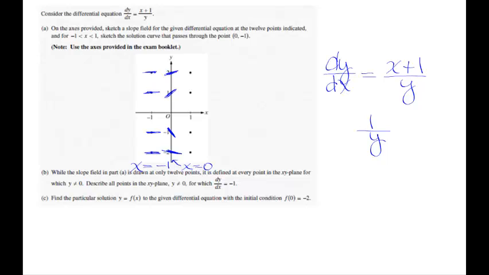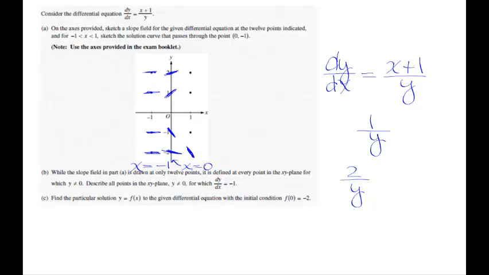Let's jump back down to the point 1, -2. It might help us for the values where x equals 1 to write down how we're going to determine what the slopes are. So at the point 1, -2, we have 2 over -2. That's a slope of -1.